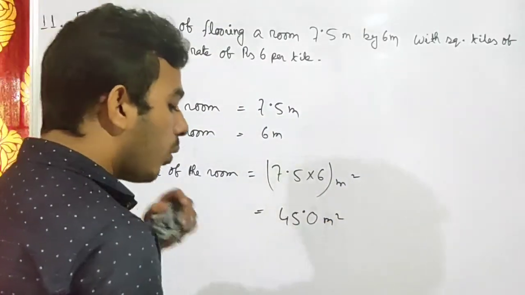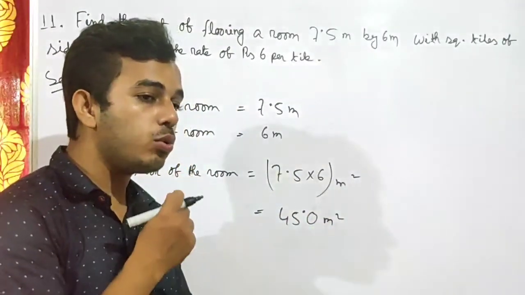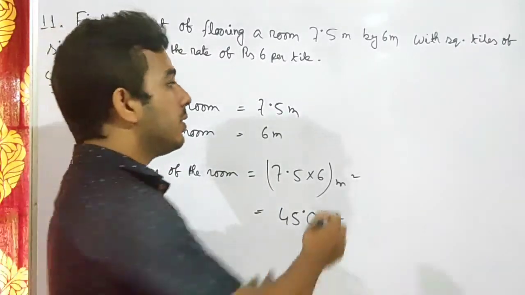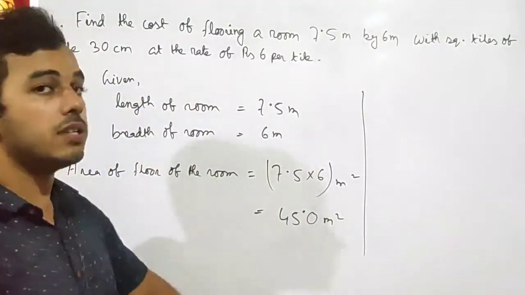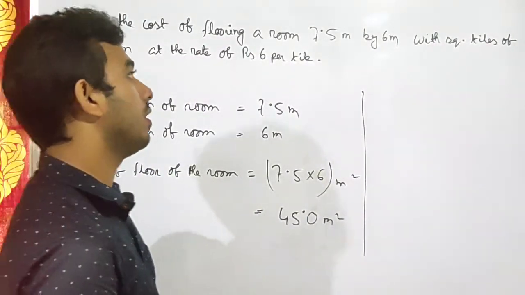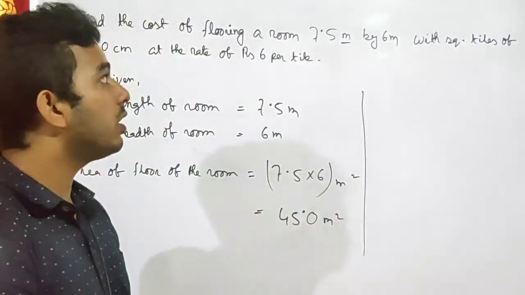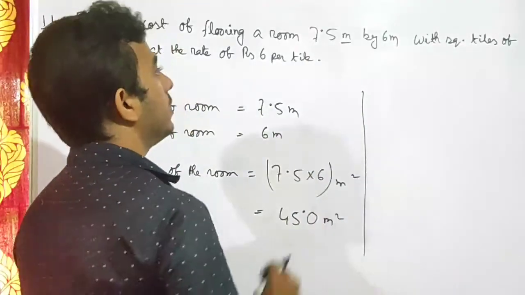Clear? Now what I told you earlier, that the tile which will be fixed in the floor is of square shape, and its side is 30 centimeter. But look at one thing here: the area is in meter square, while the tile size is in centimeter.